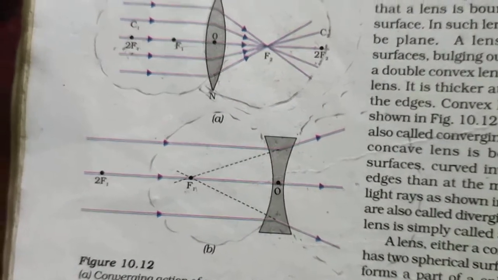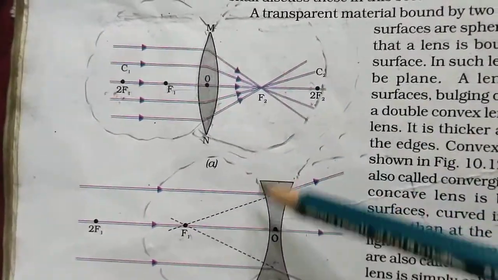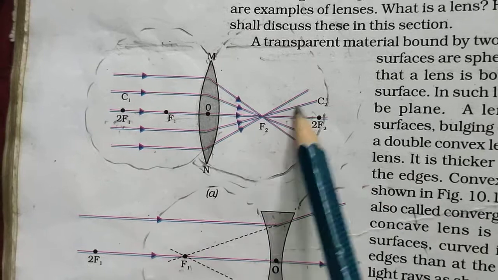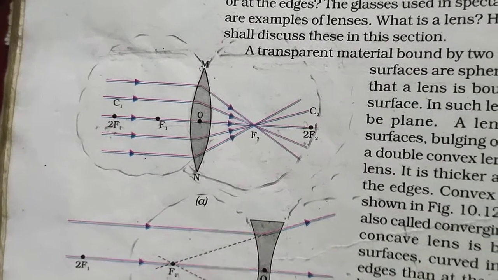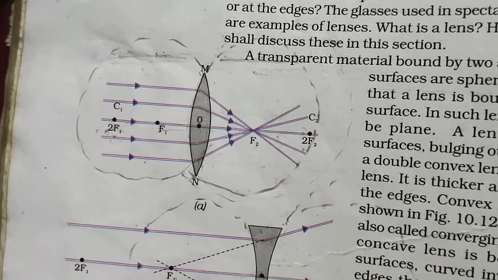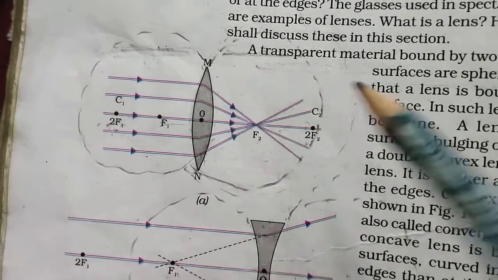Next, I think you now know how a lens is formed. Again, I repeat it. A lens is formed by two parts of two different globes.